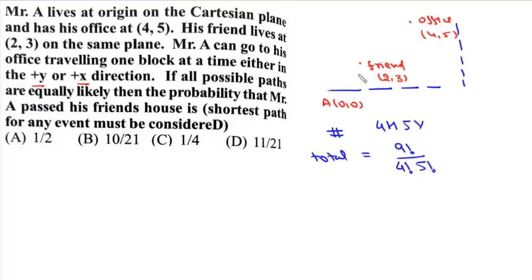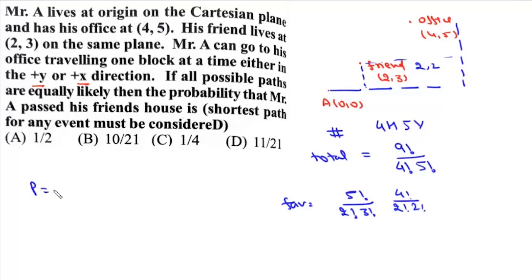Now we have to find the cases when he reaches his office visiting his friend. Now first he needs to visit his friend. So the favorable will be, now we have 5, so it will be factorial 5 divided by factorial 2 factorial 3, and here we have 2 and 2, so it will be factorial 4 over factorial 2 factorial 2.